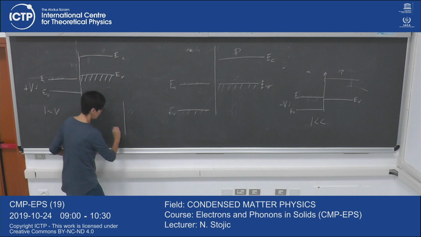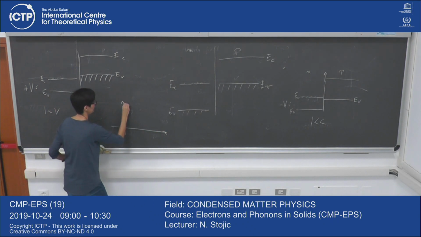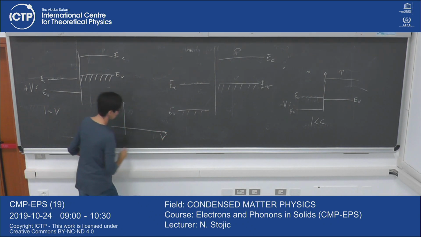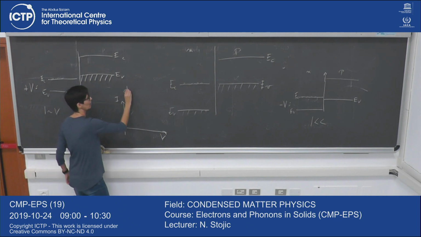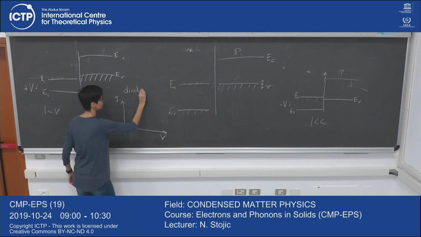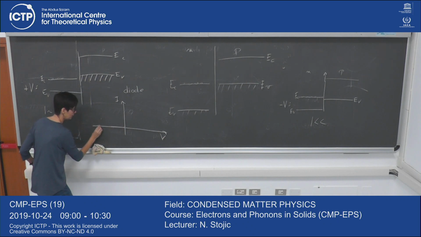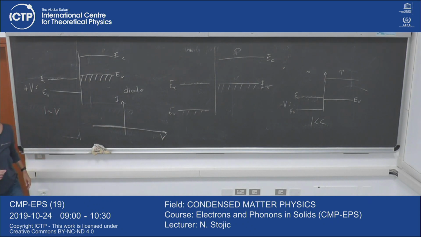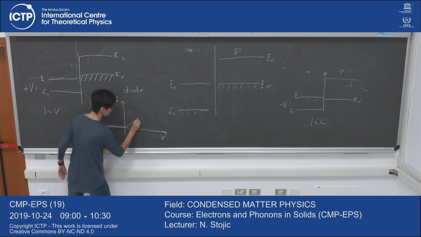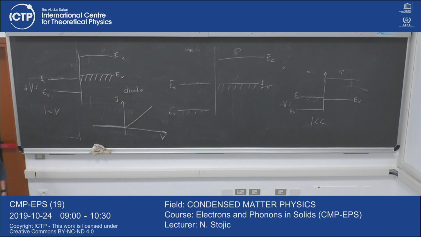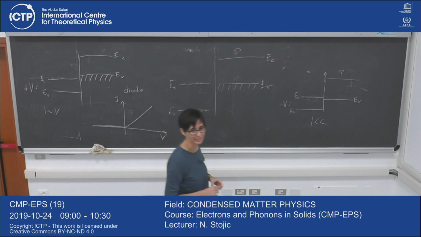So you will get a typical IV characteristic of a diode. For negative voltage, current is zero, and then, as you increase the voltage, it's linear. In other words, the current can go only in one direction. And this was the basis of the technology, not sure how many years ago, say 50 years ago or something.